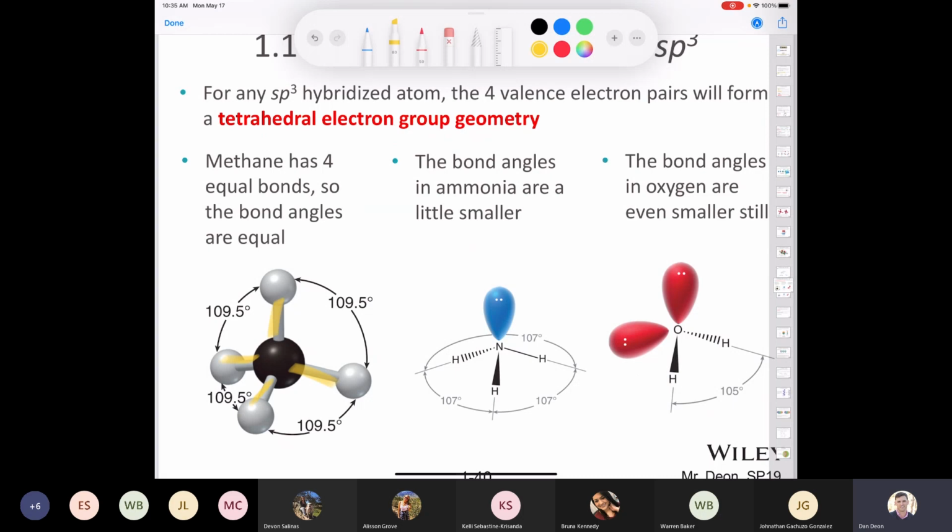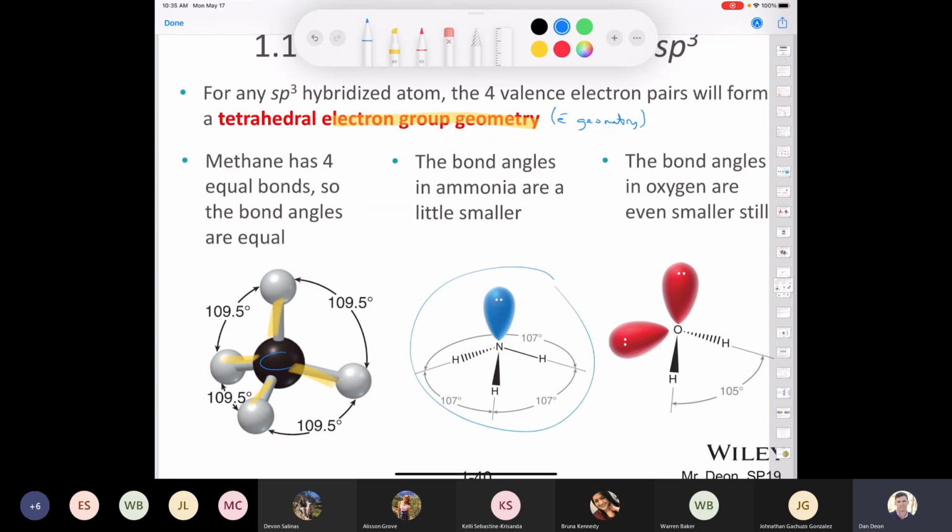So they spread out as far as possible. And it's electron group geometry, which is the same thing as me saying electron geometry. Electron geometry considers bonds and lone pairs. So since the carbon has 4 bonds and no lone pairs, its electron geometry is tetrahedral.